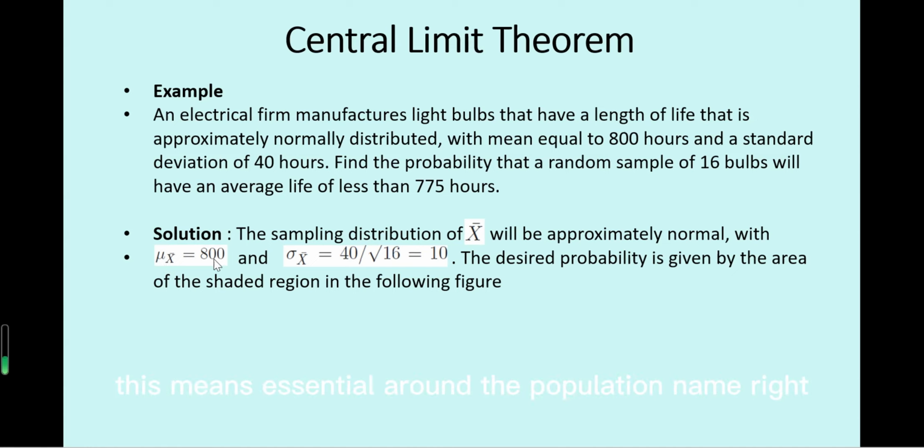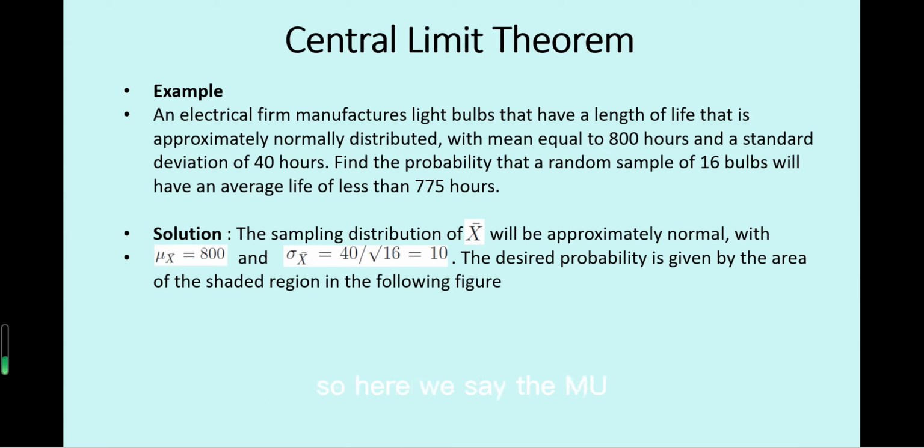This means it is centered around the population mean. By the central limit theorem, the sampling distribution of the sample average, because if we get many different x bars, they will also have a distribution, since not all the x bars will be the same, right? So this x bar will center around the population mean.